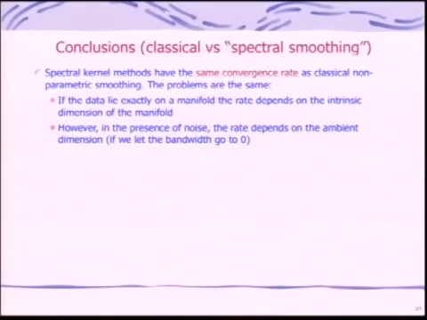This is the case both for traditional non-parametric methods and for spectral methods. However, in the presence of noise, and if you let the bandwidth go to 0, the rate depends on the ambient dimension. Whether you should let the bandwidth go to 0 is another question, but you should do that in the formulation I have here.